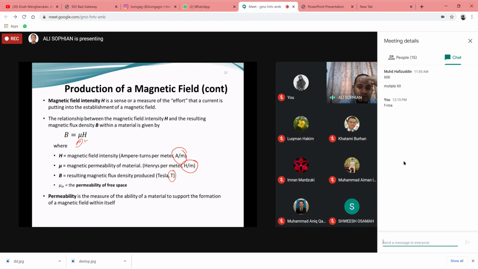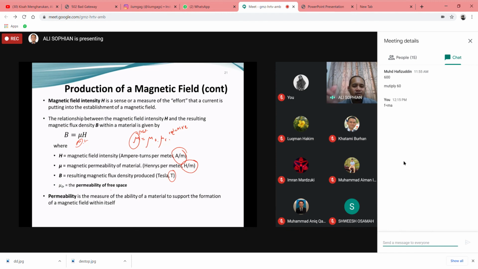Mu is equal to mu naught into mu R. So, for example, the magnetic permeability of steel is equal to mu naught, the permeability of free space, times mu R, the relative permeability of the steel.